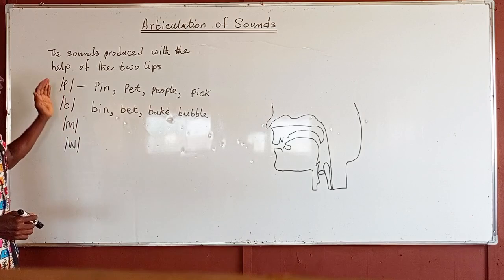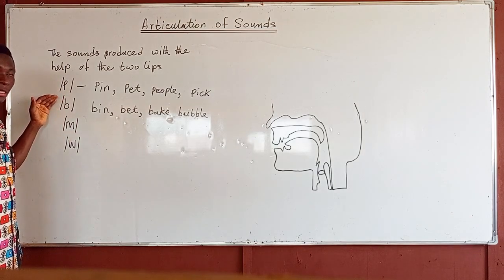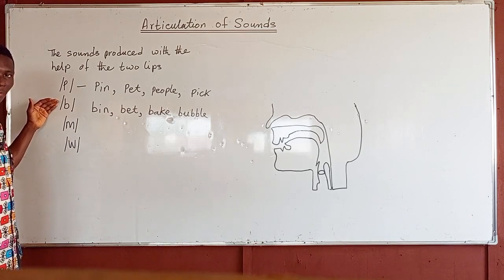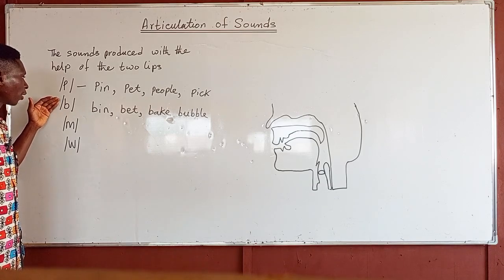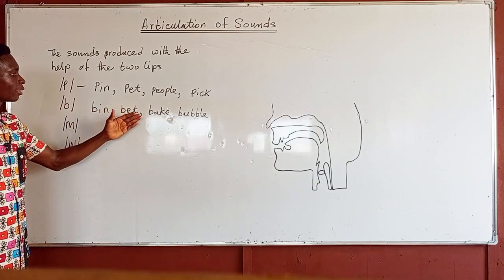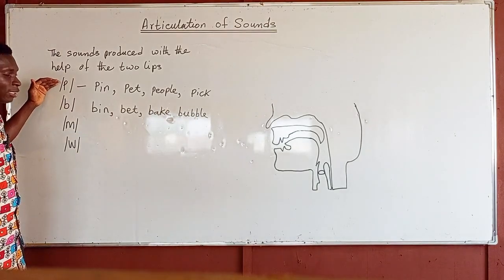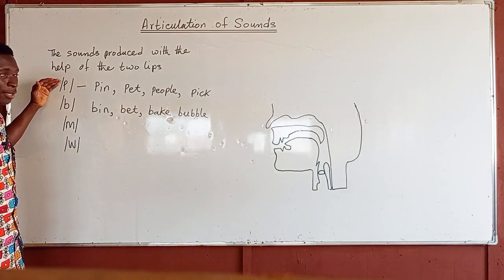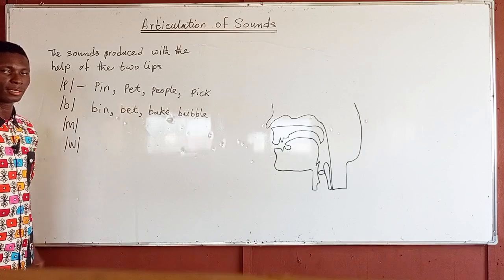So the difference between this sound and this sound is what? That this one is produced with the application of voice or with the vibration in your vocal cord. So you have bin, bed, bake, bubble, as different from this one, which is voiceless. Pin, pet, people, peak.